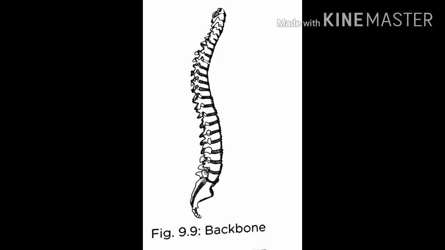This one is made up of a number of small bones. The human backbone is made up of 33 small bones called vertebrae. The backbone or spine protects the spinal cord.